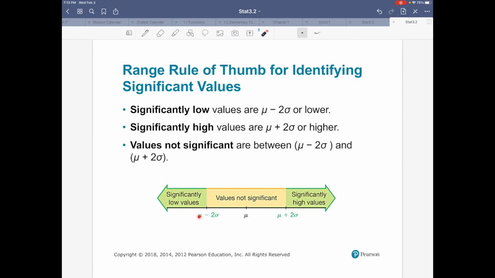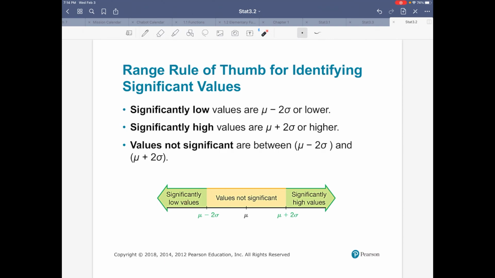This number is the mean minus 2 standard deviations, which is the number that is 2 standard deviations below the mean. Any value within this range of numbers is not significant. Any value that's higher than the upper number is called a significantly high value. Any value below the lower number is called a significantly low value.